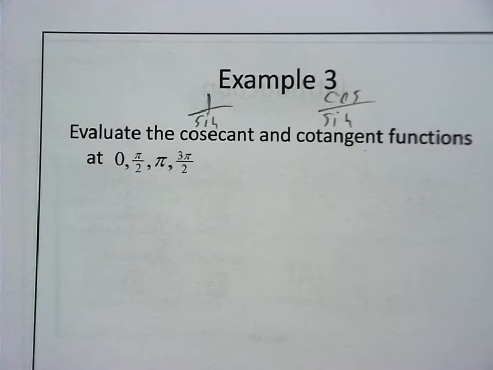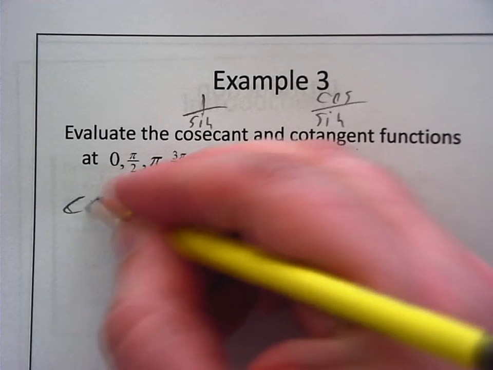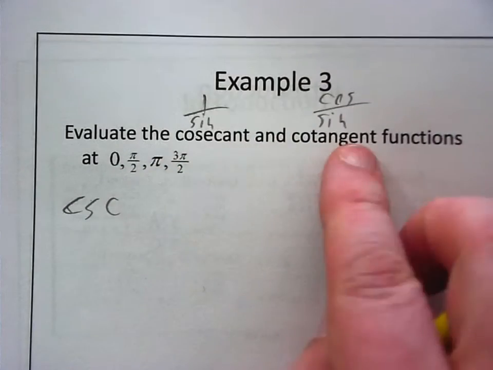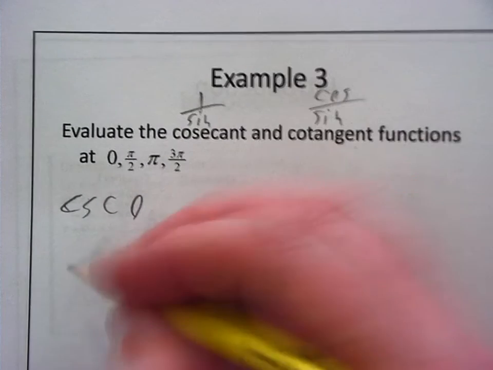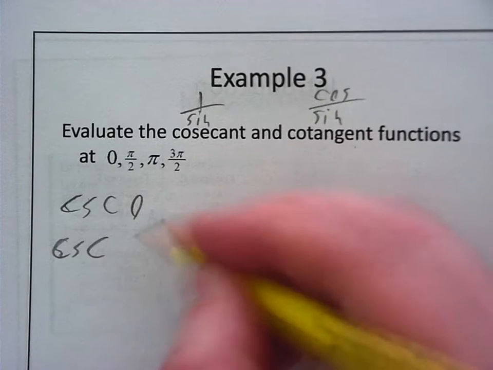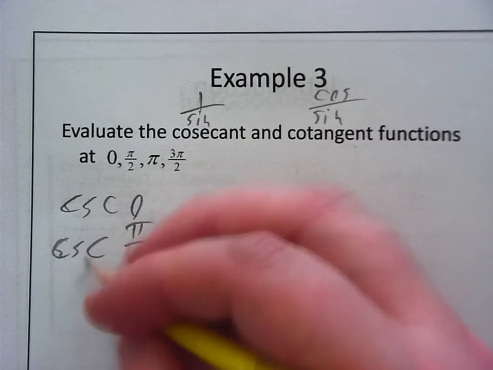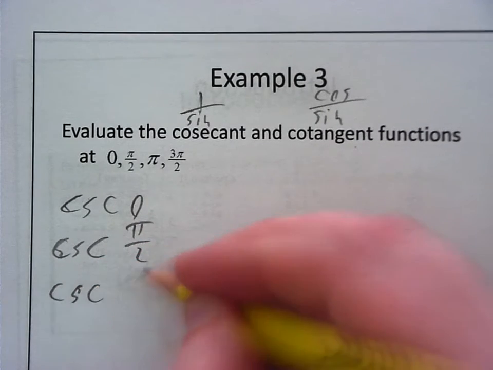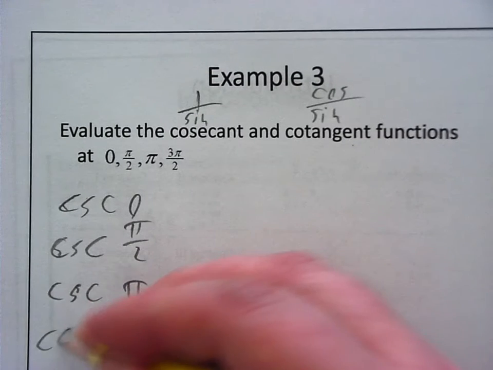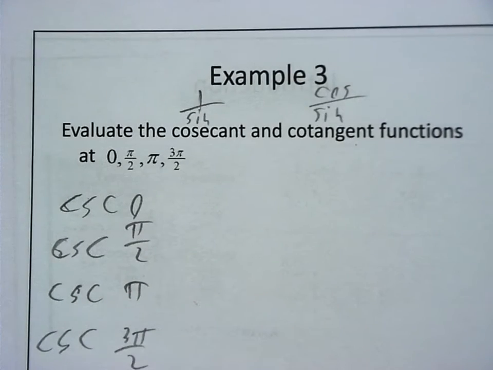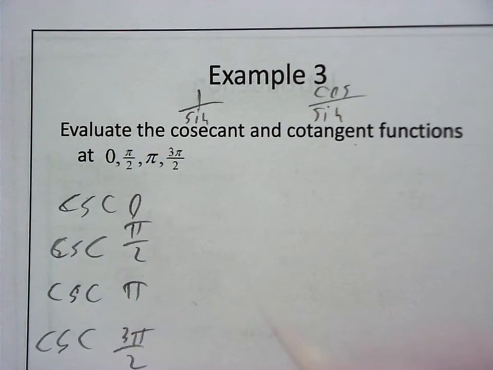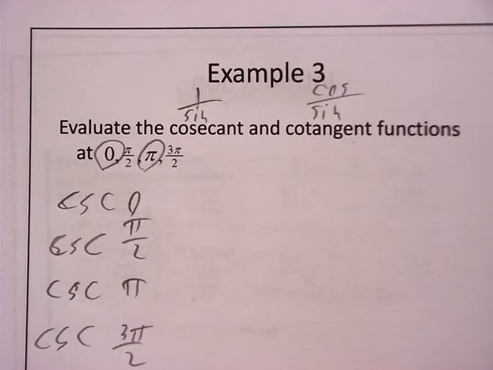So if I look at these, a big part of what these are going to be is dependent on what sine is. Because sine can't be what? 0. Well, the question becomes, of these 4 things, where is sine 0? That's 0 and pi. Right here, at these 2 values, you get 0 for sine.